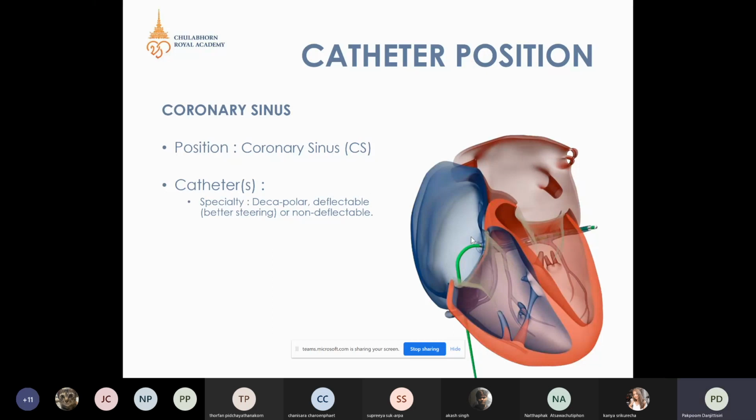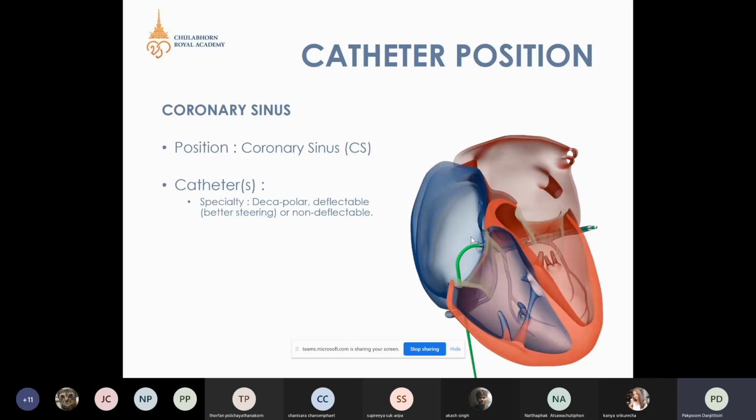The CS catheter or decapolar catheter, we often use the deflectable catheter because it's quite difficult to advance the decapolar catheter into the coronary sinus, because it depends on the location of the ostium of the coronary sinus.